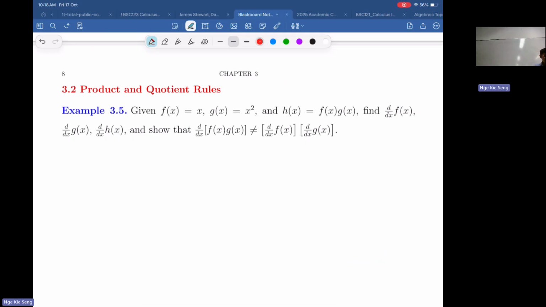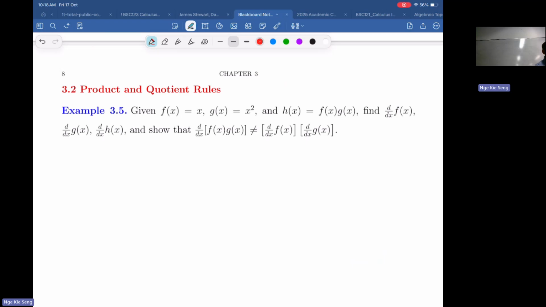Can we verify this quickly? Again, let's verify this quickly. So you might think that limits work for products of functions, and continuity also works for products of functions. But does differentiability work for products of functions? Meaning, if I differentiate a product, does it equal the product of the derivatives? We use this example to show that it is not true.